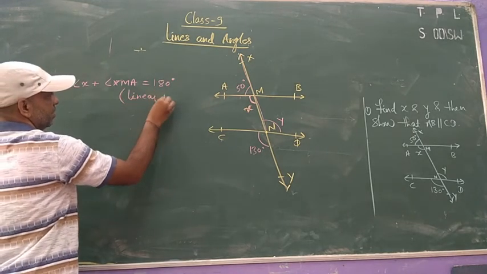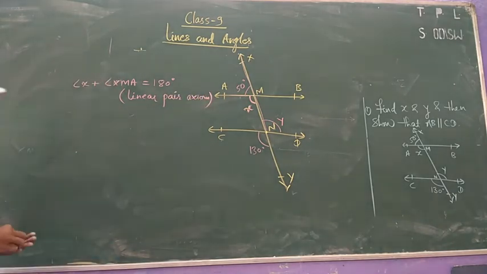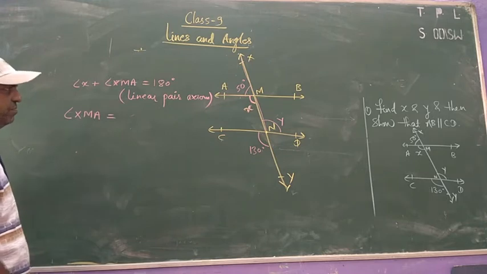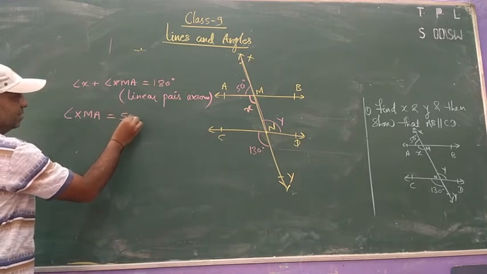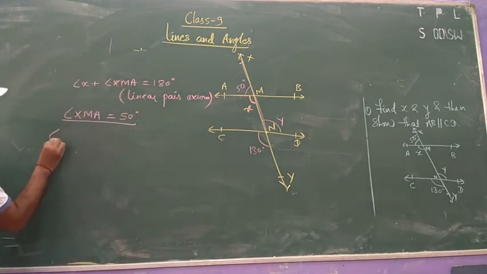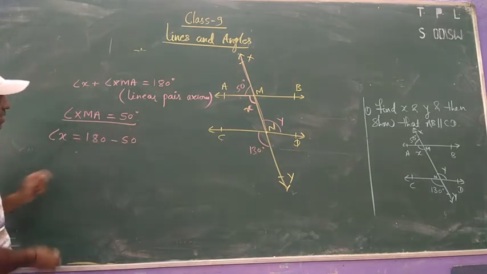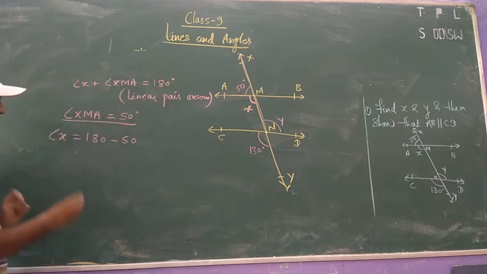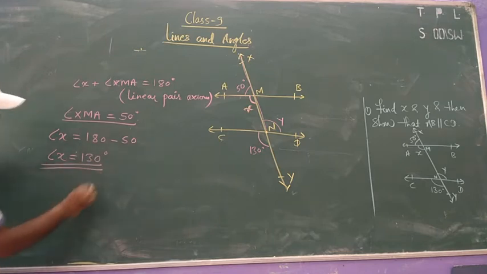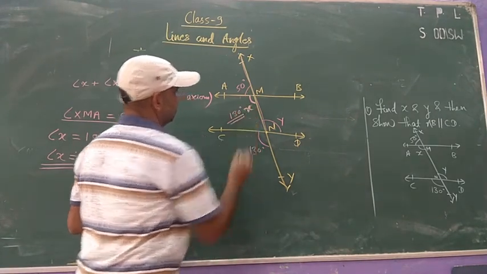Linear pair axiom. Okay, so we get here angle XMA is equal to, see here, 50 degree, it is given. Just put this value in this. Angle X is equal to 180 minus 50. So angle X is equal to 130 degree. Okay, so the value of X is 130 degree.